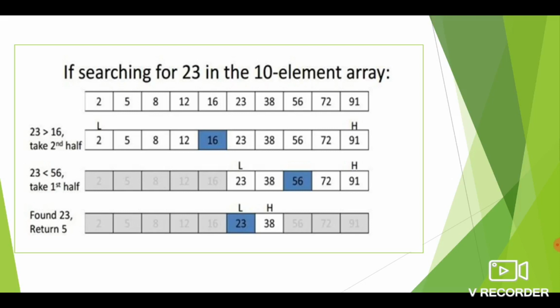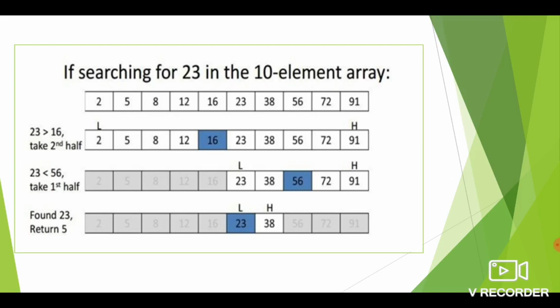So we can assure that the element 23 may be in the lower half, and it should not be in the upper half. So you shade all the upper half elements, that is 56, 72, 91. That is, you are making the high value middle minus 1.